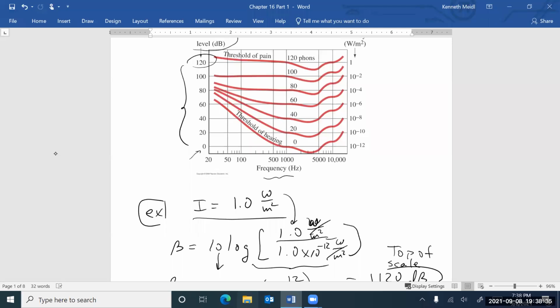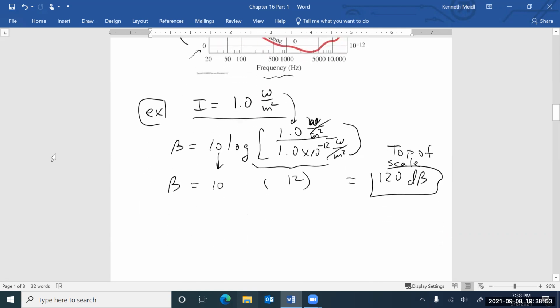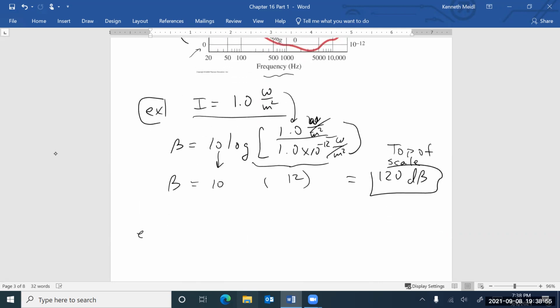Okay, so the decibel scale then is going to really give us numbers that are kind of reasonable, right? 10, 20, 30, 40s, that kind of stuff, instead of these big, huge powers of 10. But I do have here, it's just kind of interesting to see how this works, a typical jet engine is something close to, if you're right on top of this thing, 100 watts per square meter.